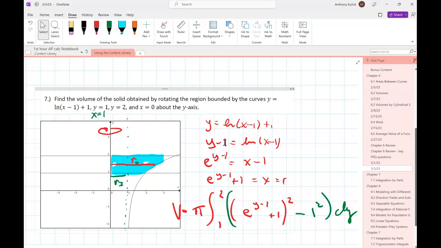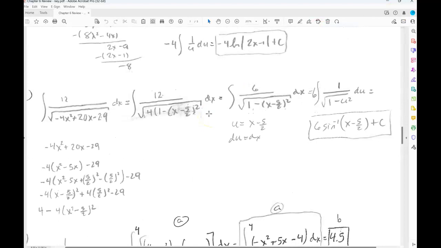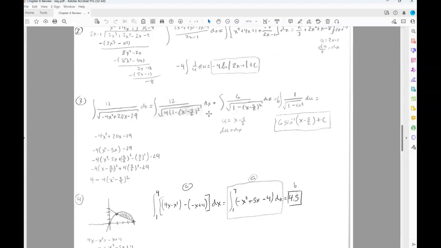Could you do me a favor? Could you go onto the answer key real quick and look at question number 3? That one also, the question was written, so if you look at the first integral, the question was written square root of 4x squared plus 20x minus 99.